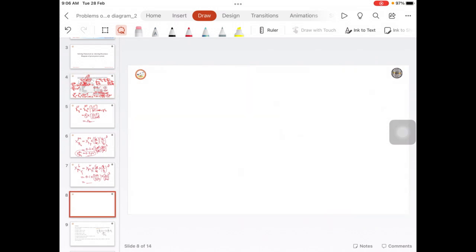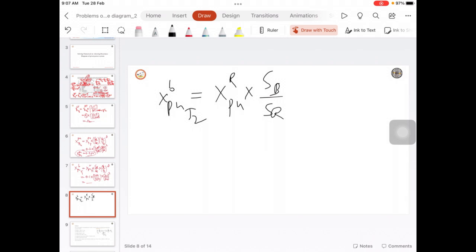In the same lines, transformer 2 also you can calculate. X per unit on common base for transformer 2 is equal to X per unit on the rated value into SB by SR into VR by VB whole square, same formula.